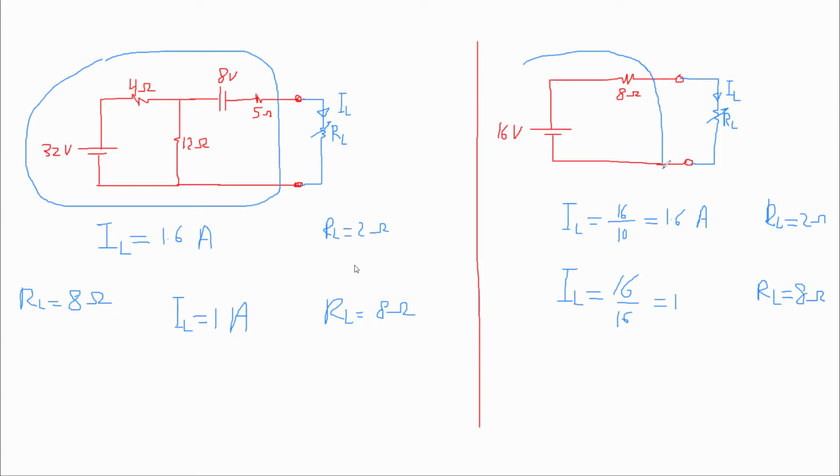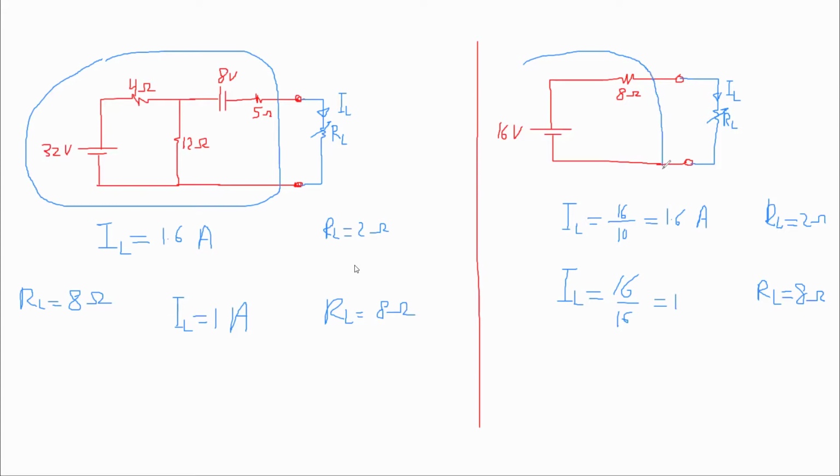For this circuit, R Thevenin is actually 8 ohm and E Thevenin is 16 volt. This circuit and this circuit are equal. You connect any resistor between those two terminals, you're going to get the same current. 100 ohm here, 100 ohm here, you're going to get the same current. But how do we find this 8? How do we know it's 16? That's the question.